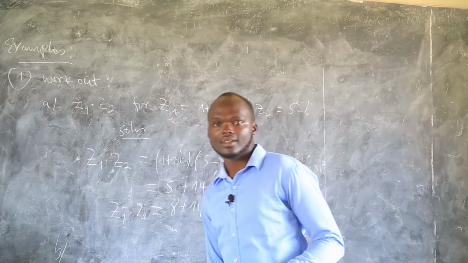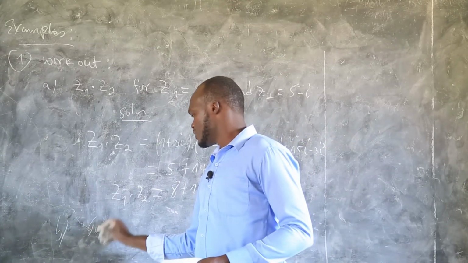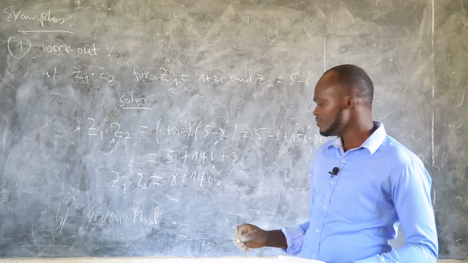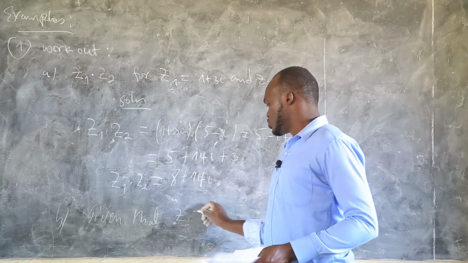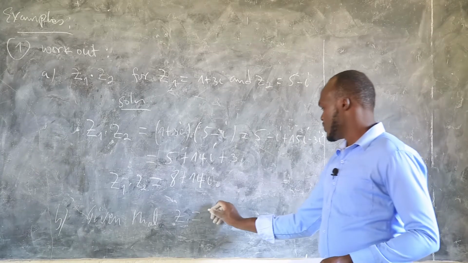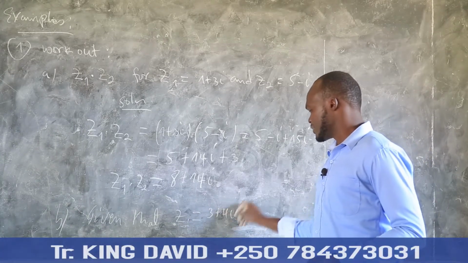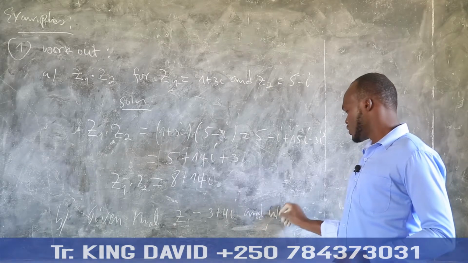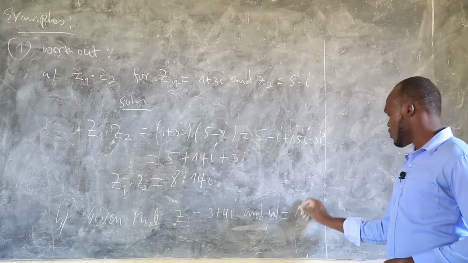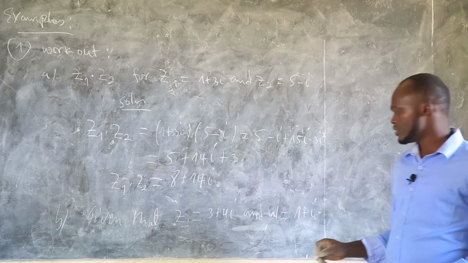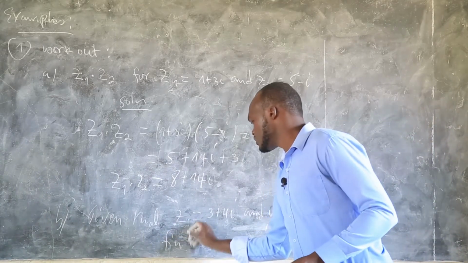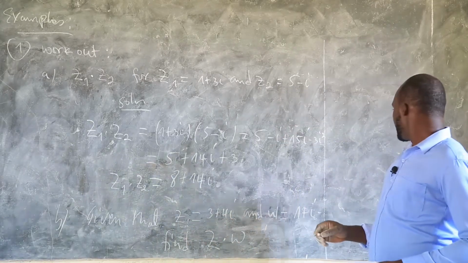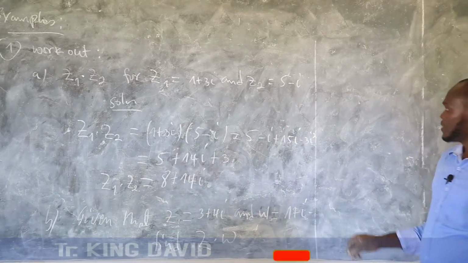B, given that Z equal to 3 plus 4i and W equal to 1 plus i, find Z times W. We're going to find z times w.